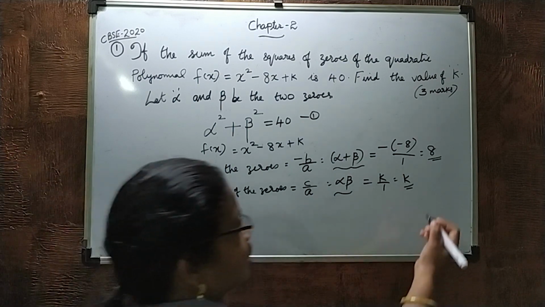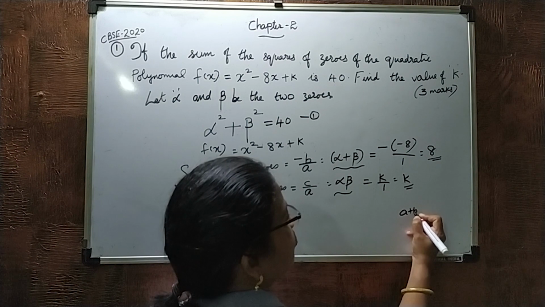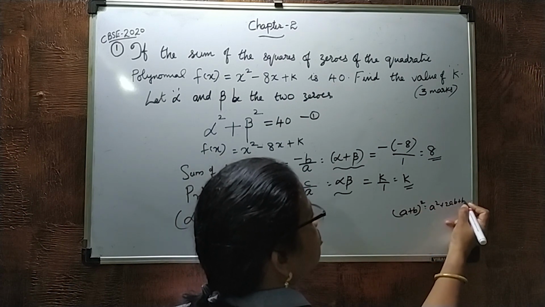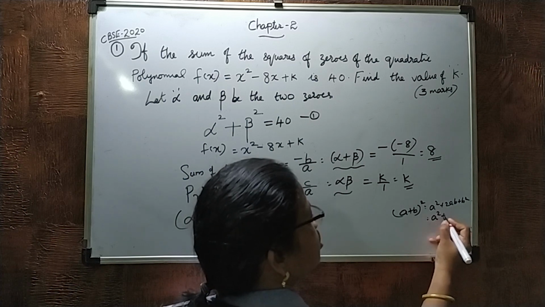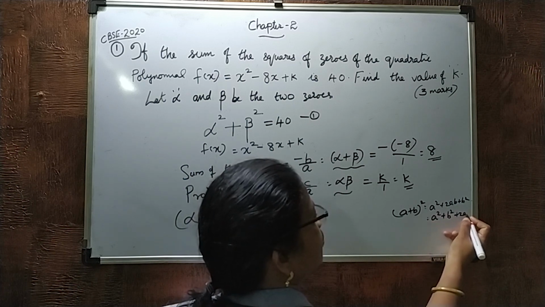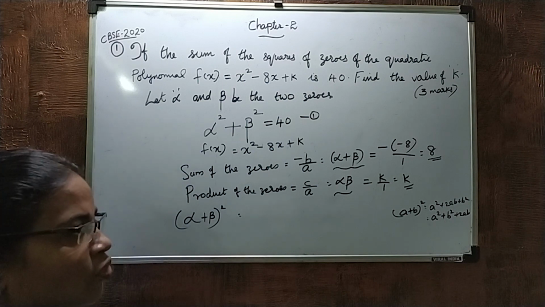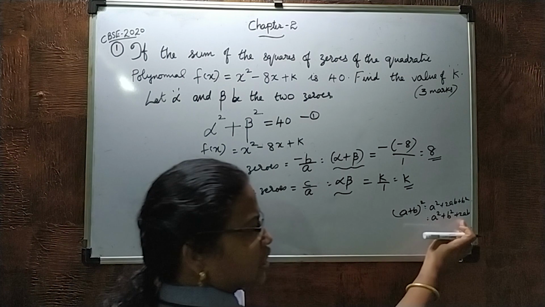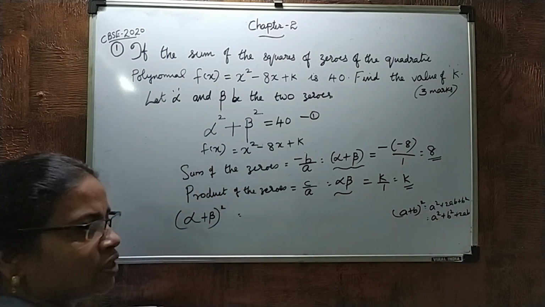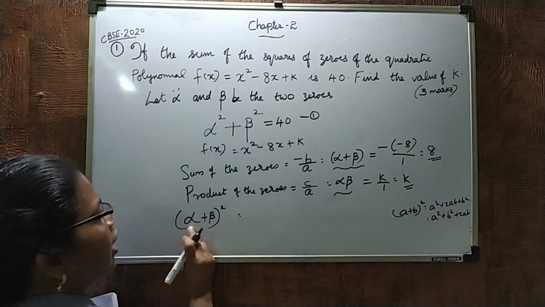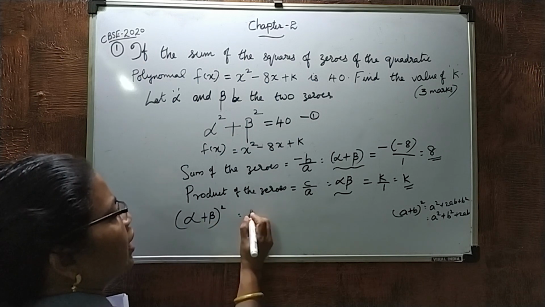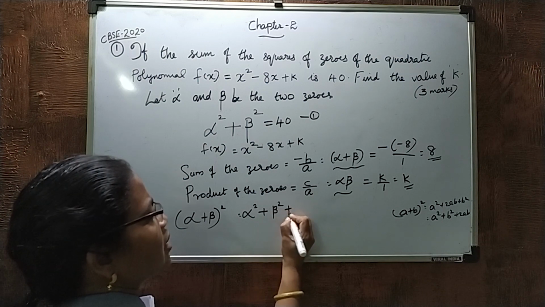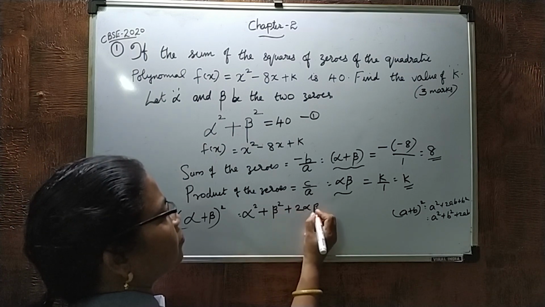If you exchange the terms, no problem, it is the same thing, I just changed the order. So, a plus b the whole square is equal to a square plus b square plus 2ab.